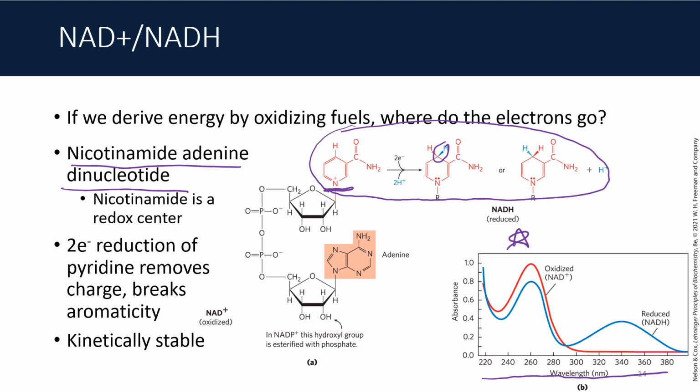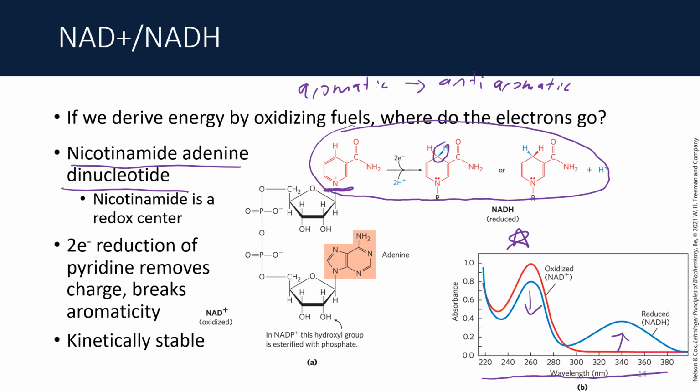And we go from an aromatic system to a slightly less stable anti-aromatic system. As a result, it will now be absorptive in the near UV and less absorptive in the far UV.